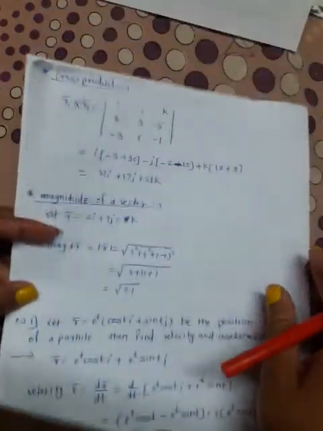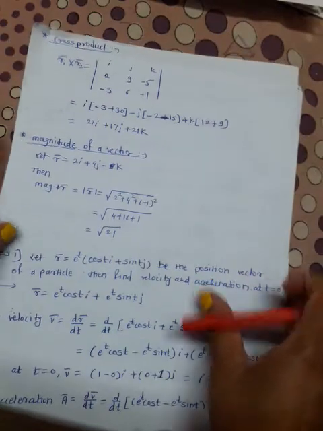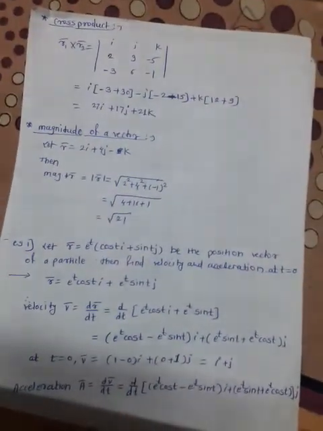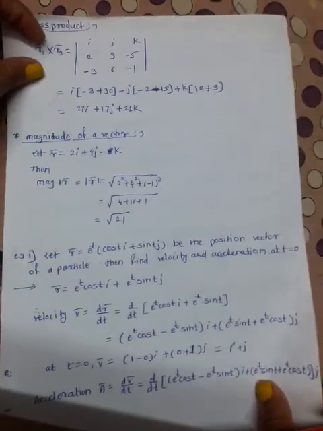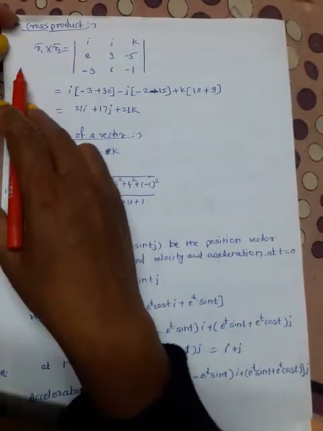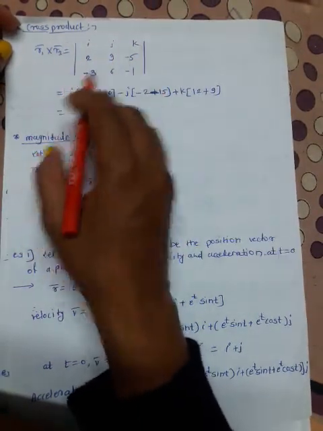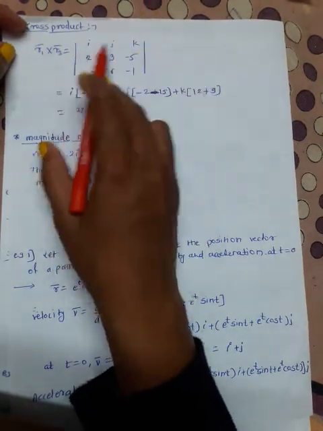Now let us see what the cross product is. The cross product of two vectors, same vectors we are going to consider. r1 bar cross r2 bar is a 3 by 3 determinant whose first row is fixed: i, j, k.